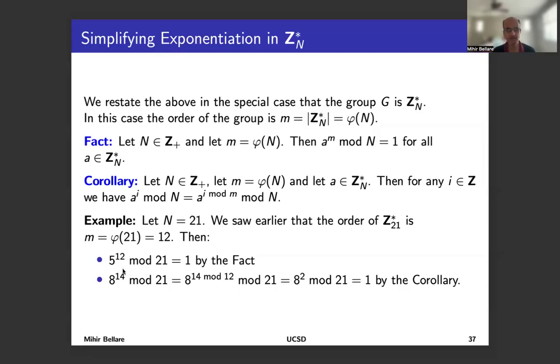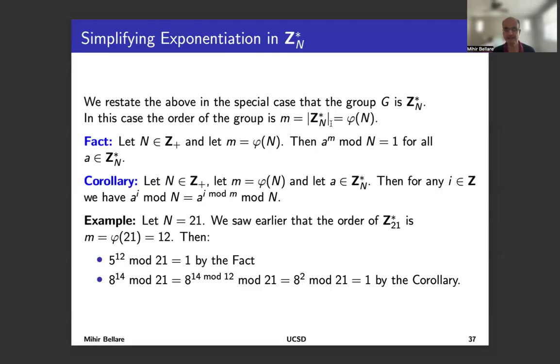So suppose I take 5, which is an element in Zn star, and raise it to the 12th power. Since 12 is the order of the group, it's phi of 21, the fact here says you should get back the group identity element. And here I've specialized these facts to the case of the group being Zn star.